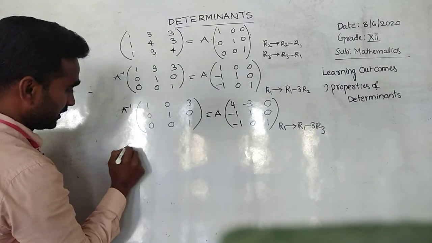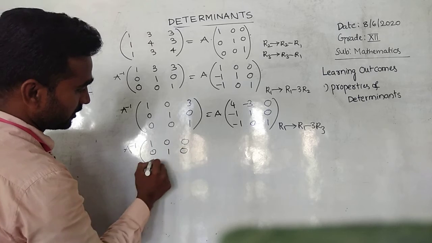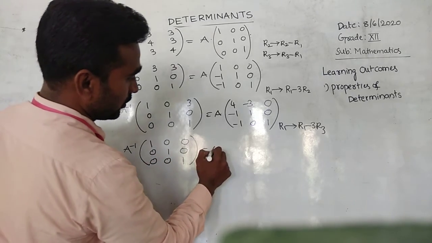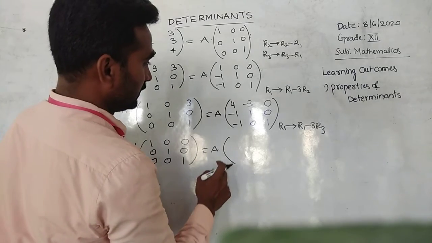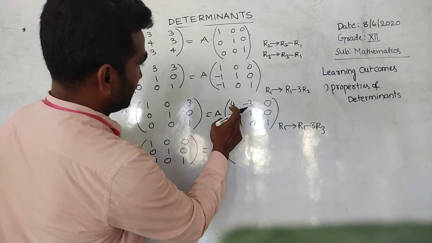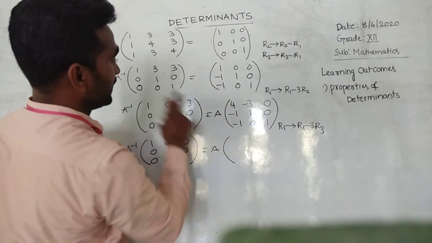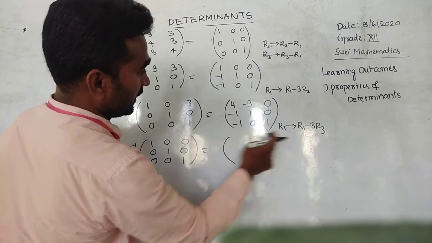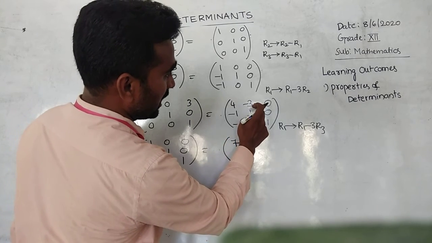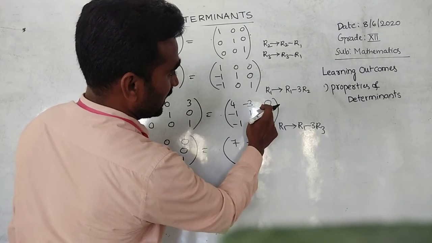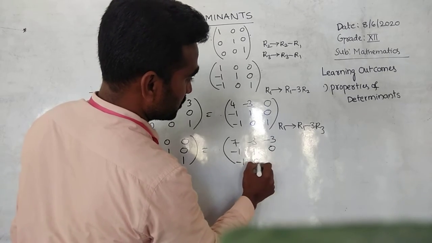It will become 0. A inverse is equal to [1 0 0; 0 1 0; 0 0 1] is equal to A. Here A. See here, this A bring to right hand side, it becomes A inverse. And last one, R1 minus 3R3, which gives 7 minus 3 minus 3, minus 1 1 0, minus 1 0 1.